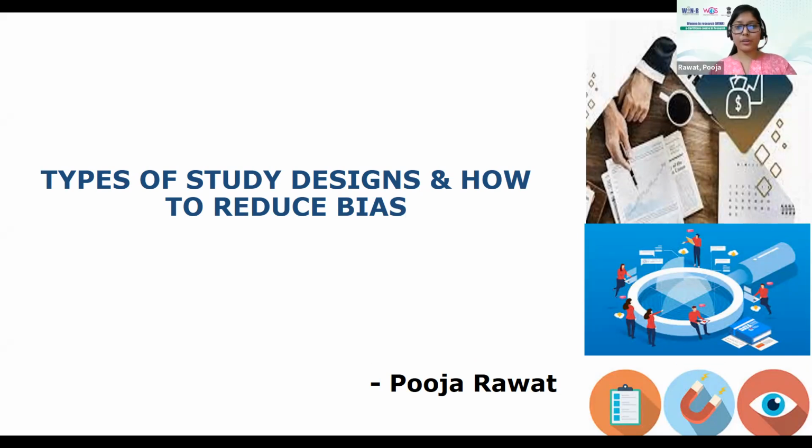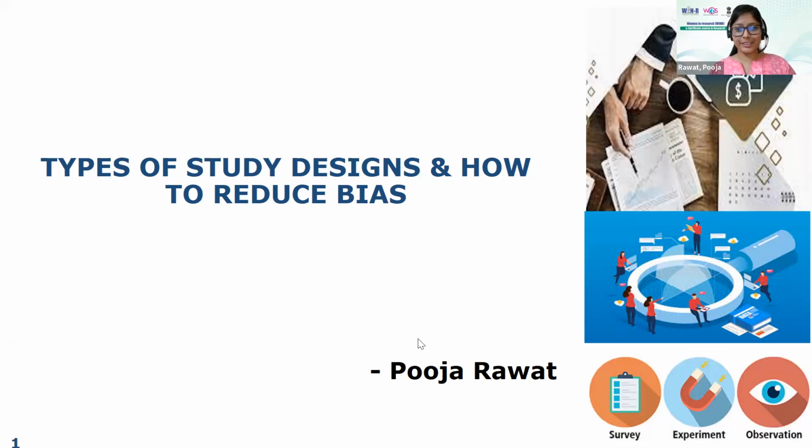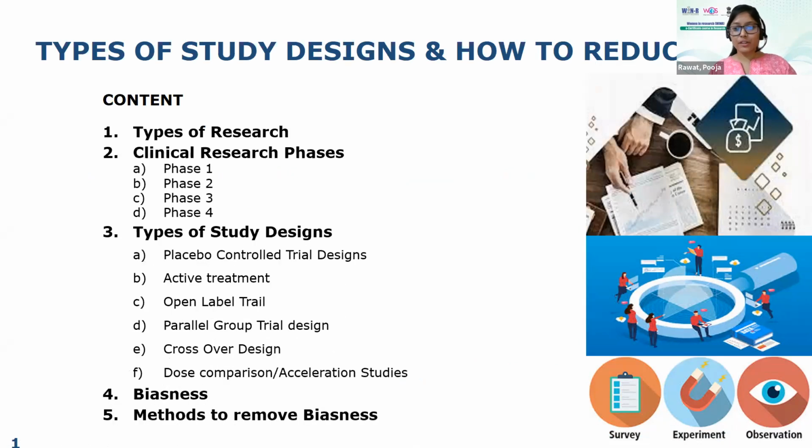Okay, fine. So my topic is types of study design and how to reduce bias. These are the following contents I'll be taking you through: what are the types of research, what are the clinical phases. Basically, this is the hot topic after COVID.